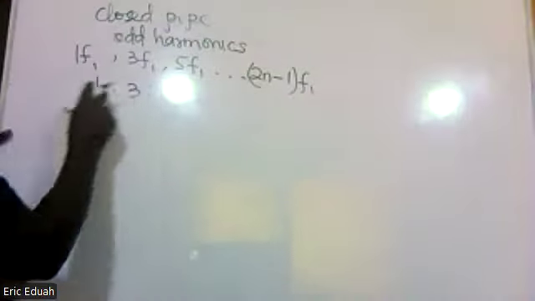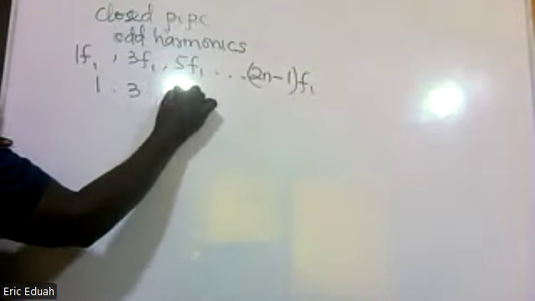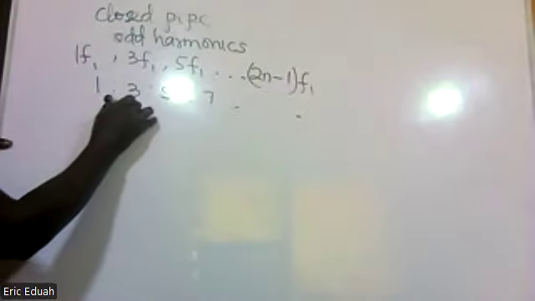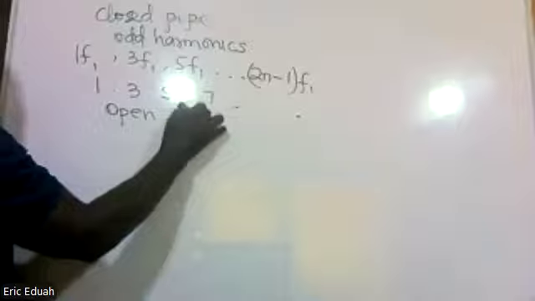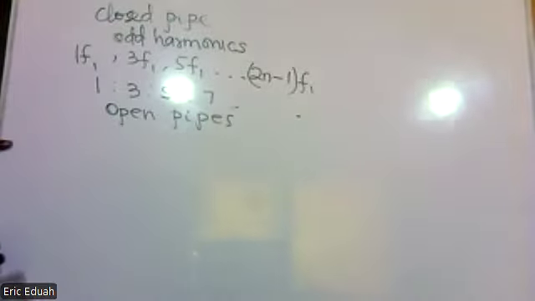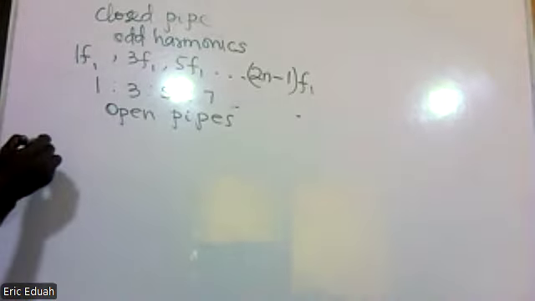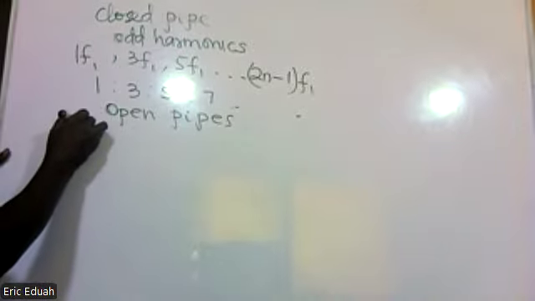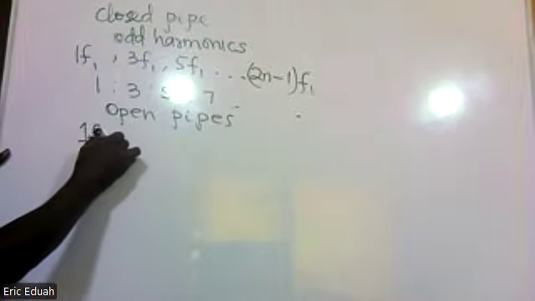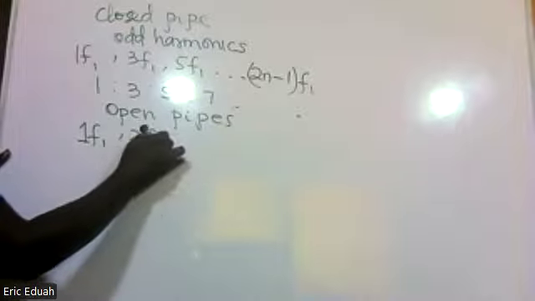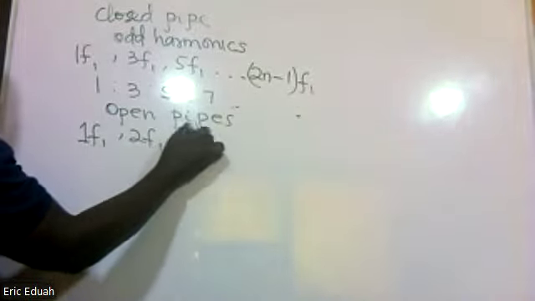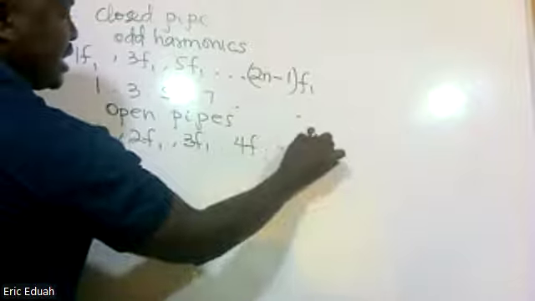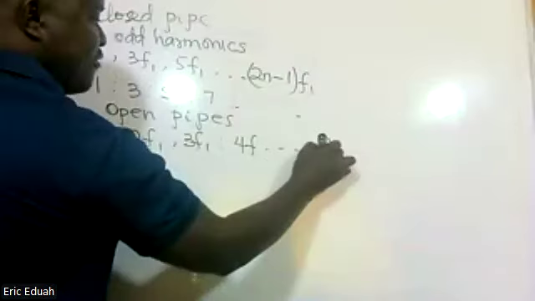So the harmonics are 1 is to 3, is to 5, is to 7, on and on. And then for open pipes, we have the harmonics as both even and odd: 1 F1, 2 F1, 3 F1, 4 F1, on and on, and the nth harmonic, we have N F1.